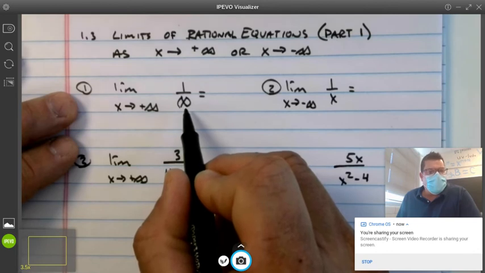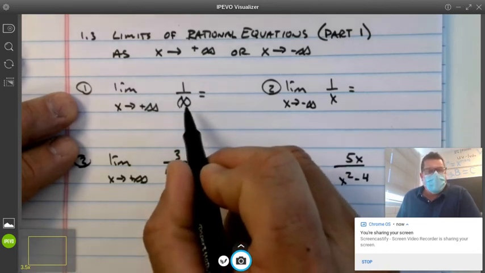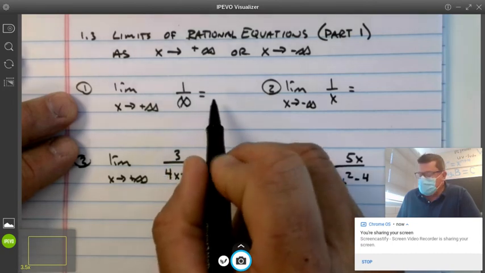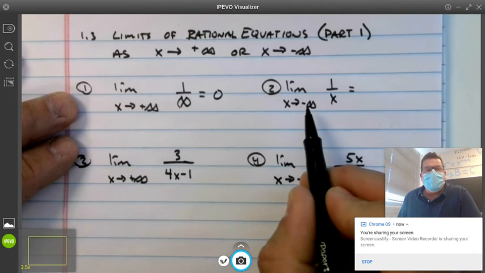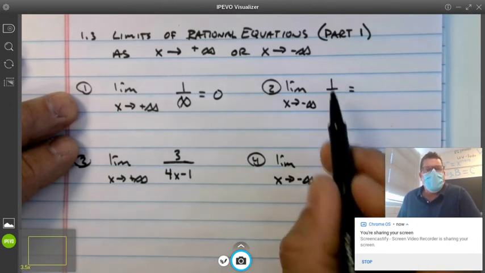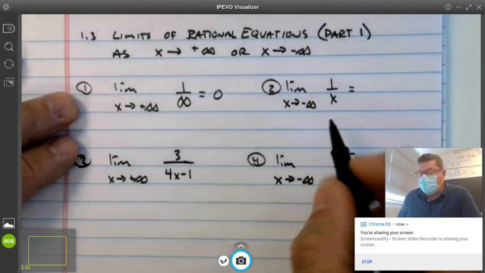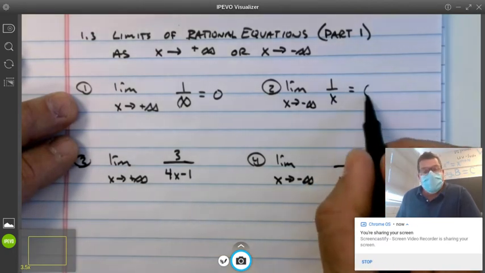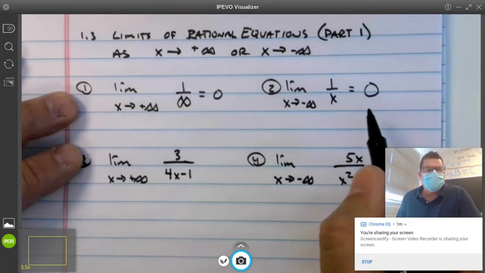What is that number approaching? It may never get there, but as the bottom number gets bigger and bigger, it's getting closer and closer to zero. Even if you throw in negative infinity, 1 over negative a billion is negative, but super duper close to zero. So that goes to zero as well.